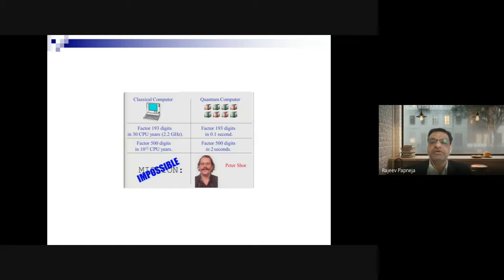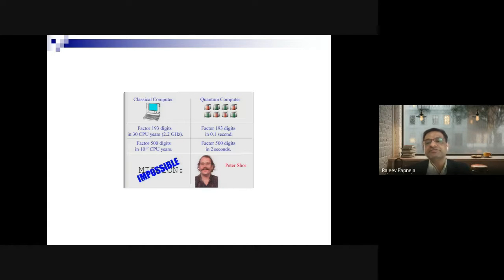And from what we know about how those algorithms scale using that hardware, we can estimate that if we want to find the prime factors of an integer of 500 digits instead of 193 digits, it would actually take longer than the age of the universe. So we don't expect to be able to factor a 500-digit number with digital technology in the foreseeable future.